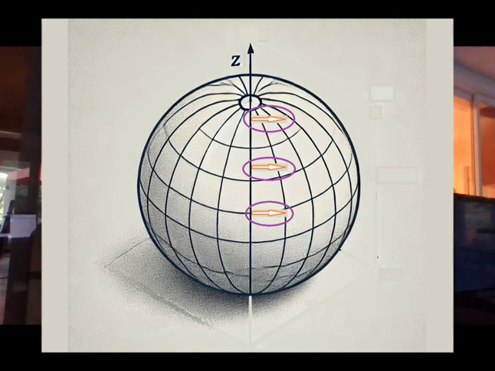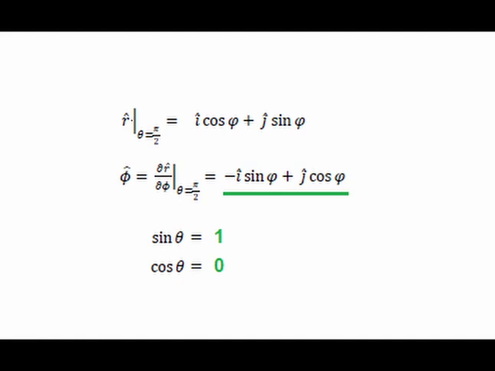So really, we can choose any plane, and the simplest one is the xy plane itself, in which case all we need to do is take the r hat vector and set the sine theta values to 1, because the polar angle, in other words theta, of the xy plane is pi over 2. So then, having done that, all we need to do is ask, how does this expression change in the phi direction?